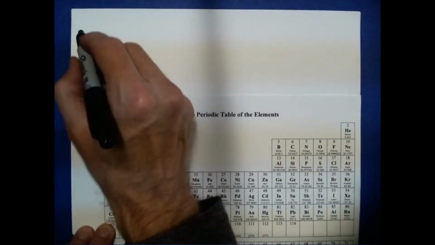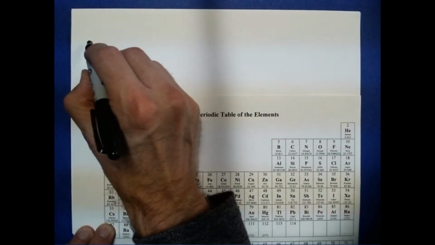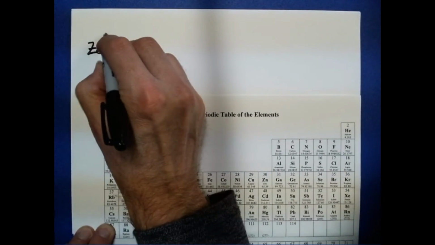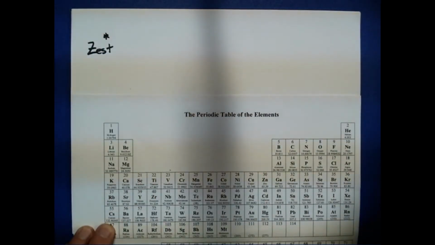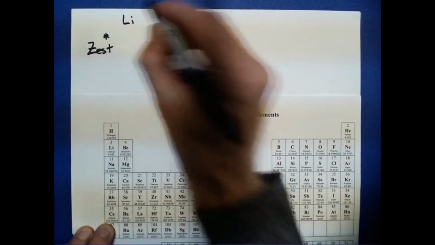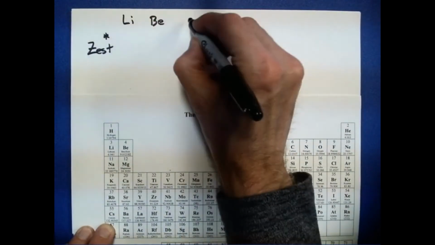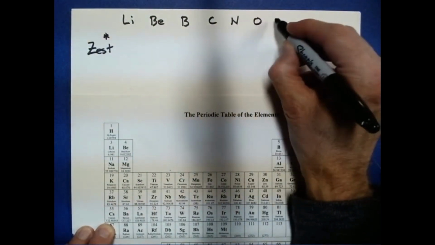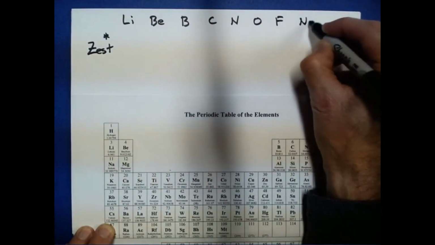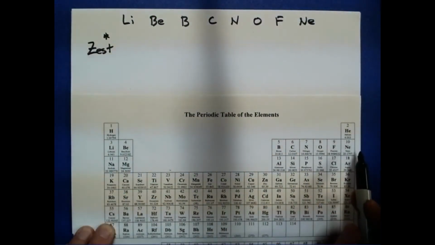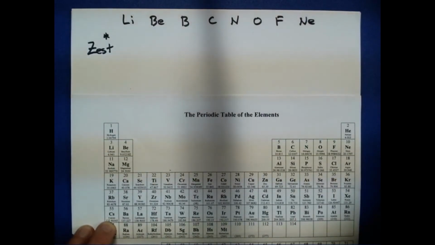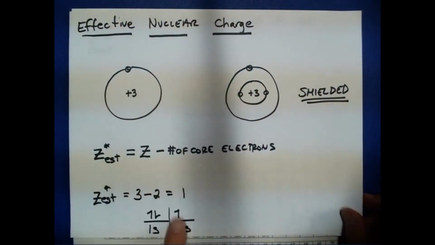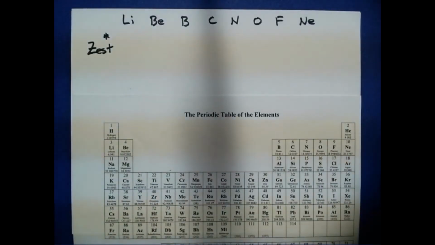And so what we'll do here is we'll say, okay, here's the estimated effective nuclear charge for lithium, beryllium, boron, carbon, nitrogen, oxygen, fluorine, and neon. We'll go all the way across this second period. And we've already calculated the estimated effective nuclear charge for lithium as 1. So we'll write that in here.